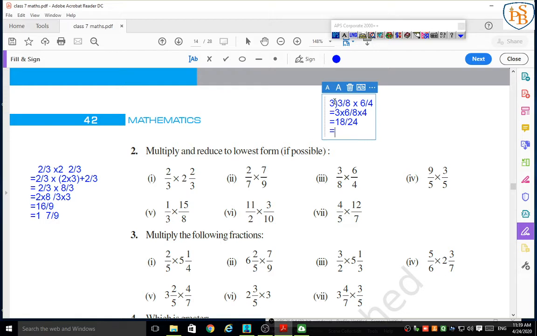Look at here carefully, this 18 and 24 come in the table of 6. Very good. So instead of that I can write 6 3s are 18 and 6 4s are 24.